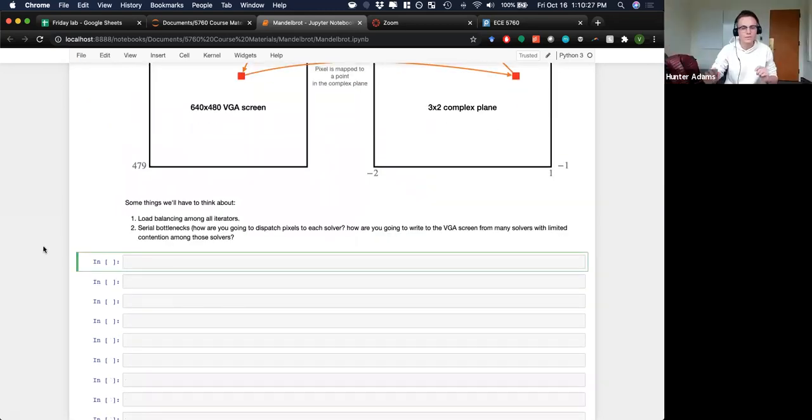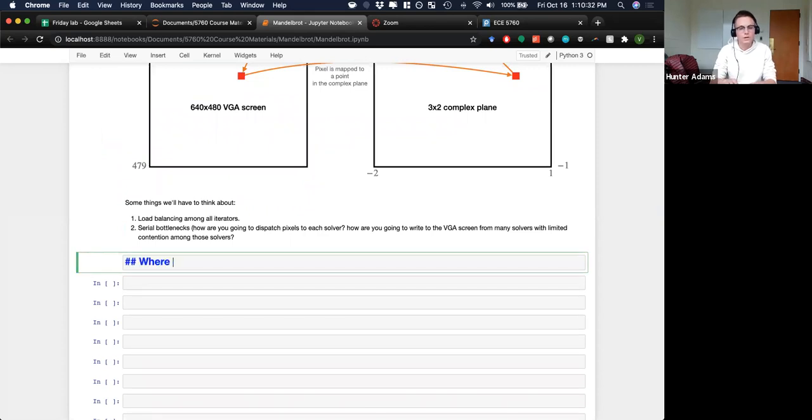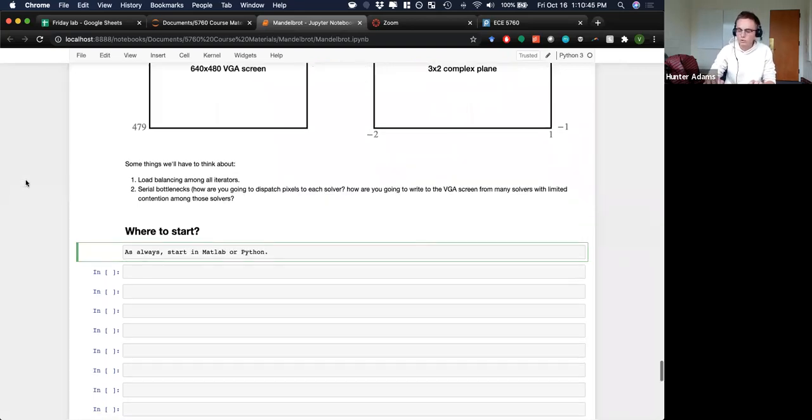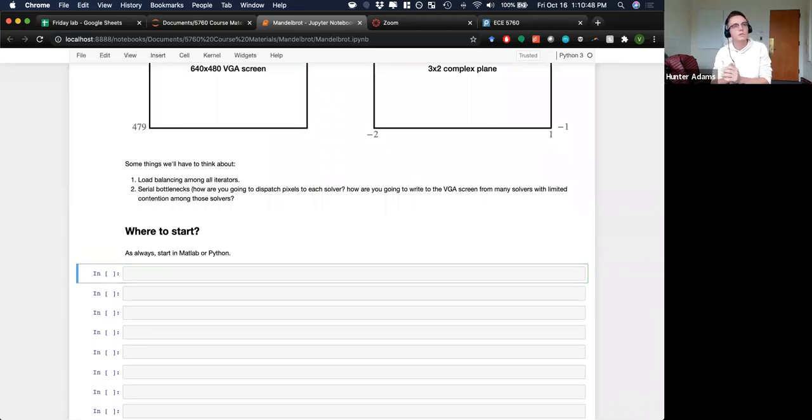Okay, so that's at a high level what we're going to be doing. So where to start? As always, start in MATLAB or Python. Build yourself a system in MATLAB or Python, something that you're comfortable in, that you can test and iterate very quickly, so that when you build this iterator in Verilog, you have something that you can compare against to make sure that the Verilog that you've built is correct.